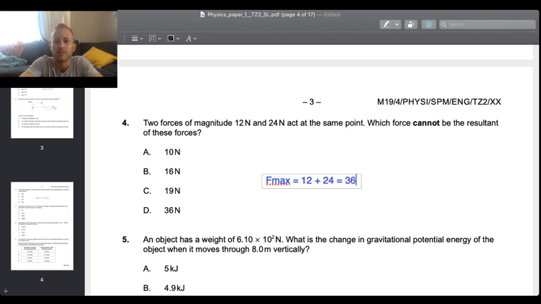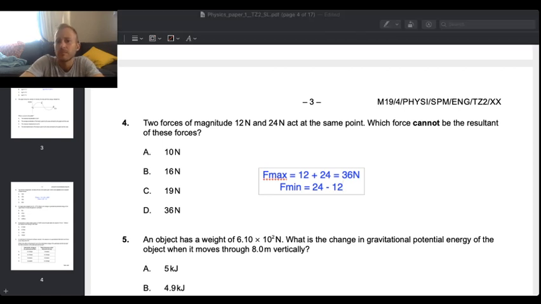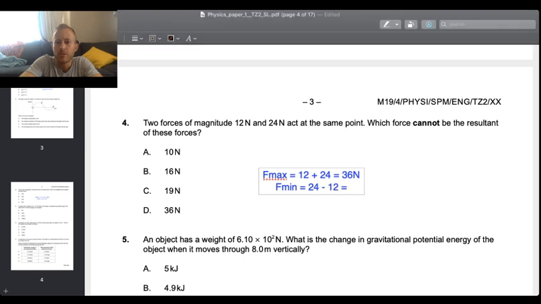The minimum force we could get would be if they point in opposite directions, which would give us 12 newtons. And we could actually get anything in between.